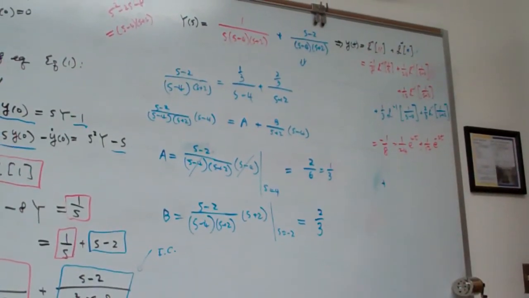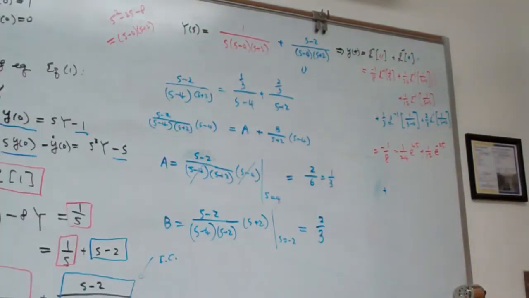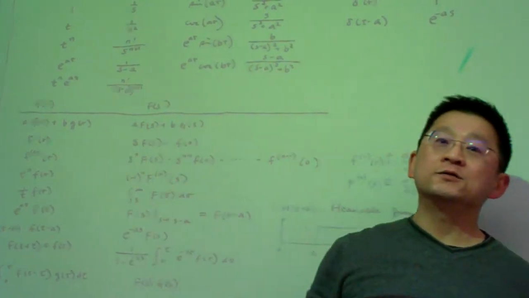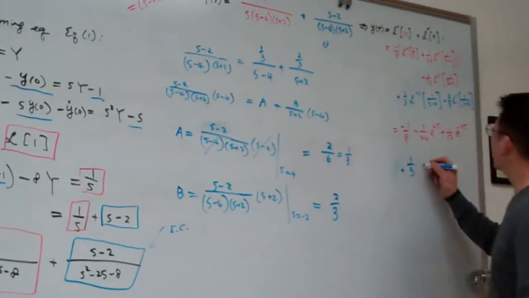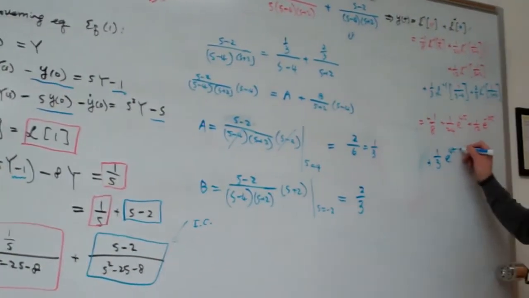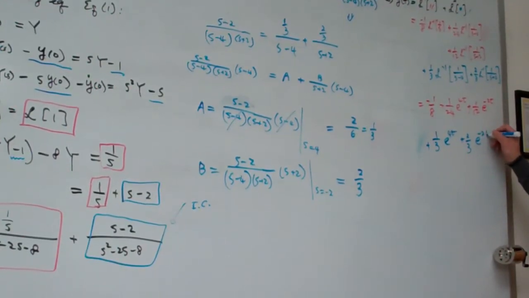Again, that takes a similar form to this one. Plugging in, that will be 1/3 e to the 4t plus 2/3 e to the minus 2t.